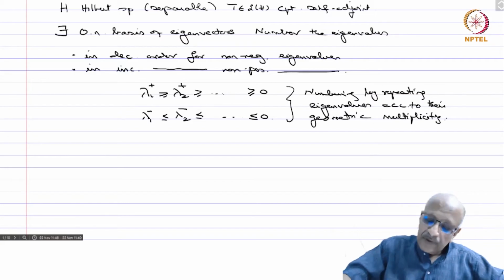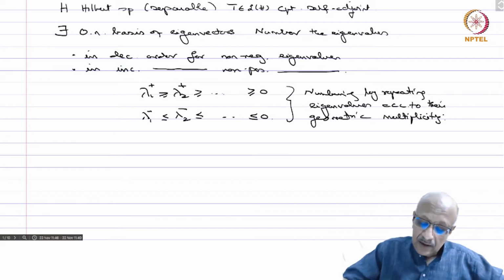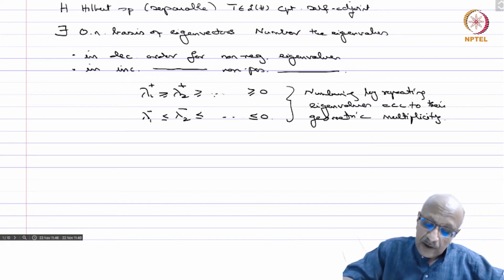If the kernel, or null space, of lambda I minus T has dimension 5, then the corresponding lambda will occur 5 times consecutively in this list somewhere. Also, all these need not exist all the time. For instance, you may have an operator which has only non-negative eigenvalues or only non-positive eigenvalues, or a mixture of both. Both may be infinite sets, one may be finite, and so on. All kinds of things are happening. We are just giving you a numbering here.